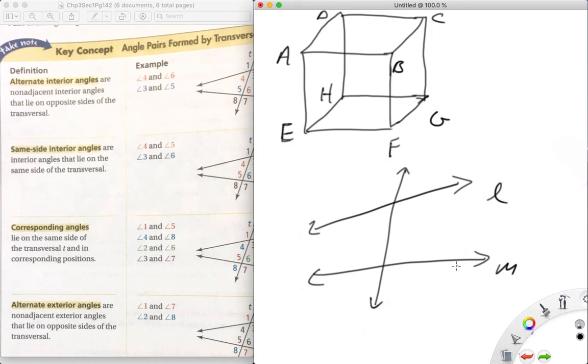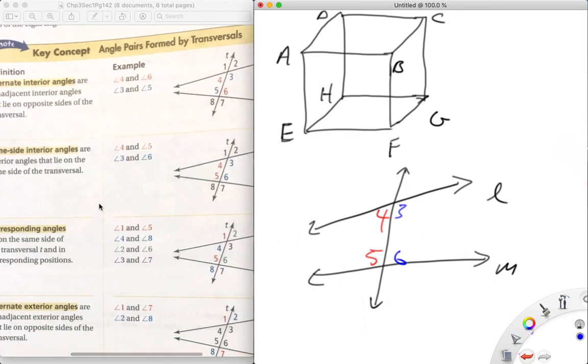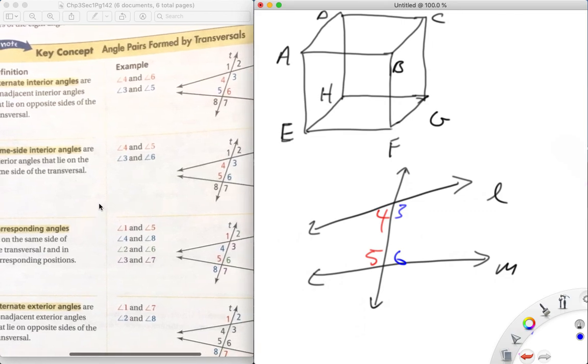Then we have same side interior angles. 4 and 5, 3 and 6. They're interior angles that lie on the same side of the transversal. Here's my transversal. 4 and 5 are on the same side, so same side interior. 3 and 6 are on the same side, so same side interior.